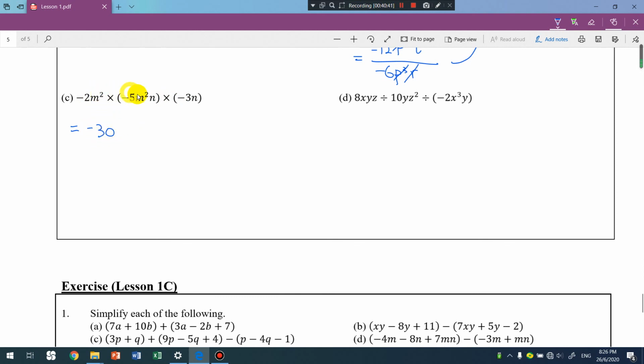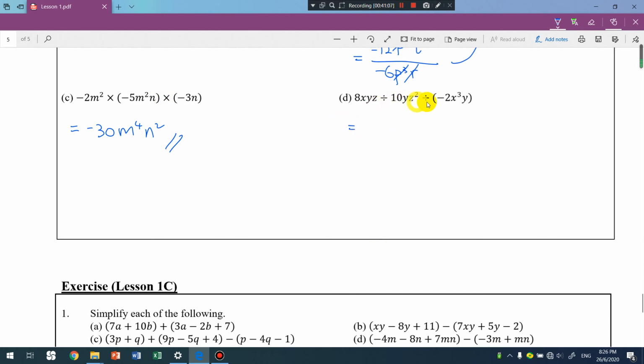So m squared, you will get m to the power 4. Now we have n here, n squared. So this is the answer for this question. Okay, let me double check again. 50, 13, 30, m squared, n to the power 4. Okay, correct. Okay, let's try the last one.